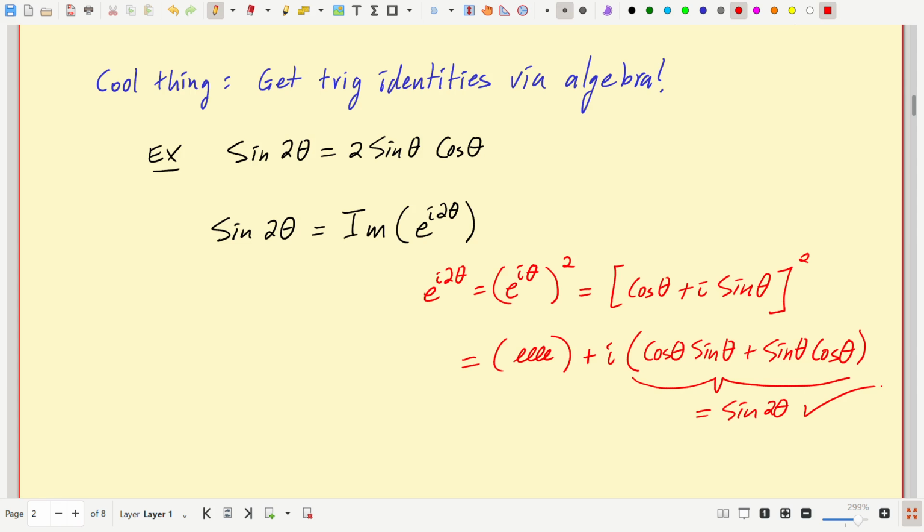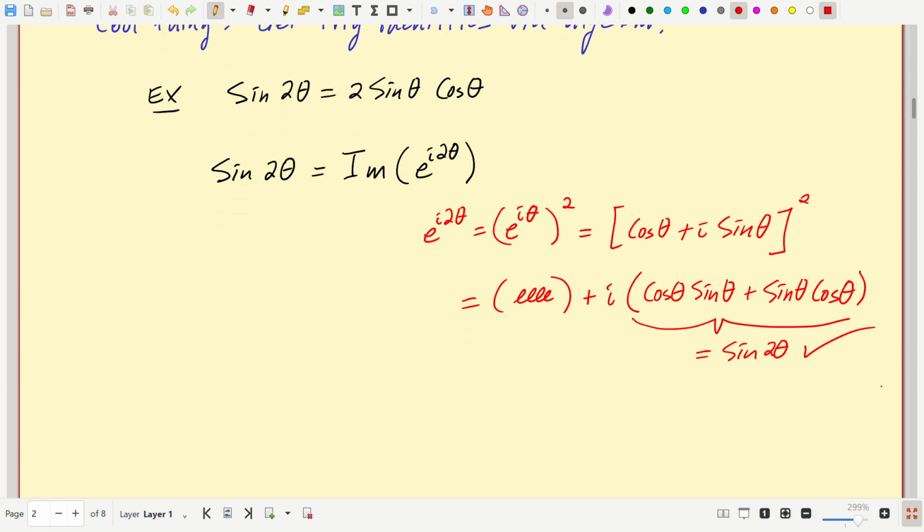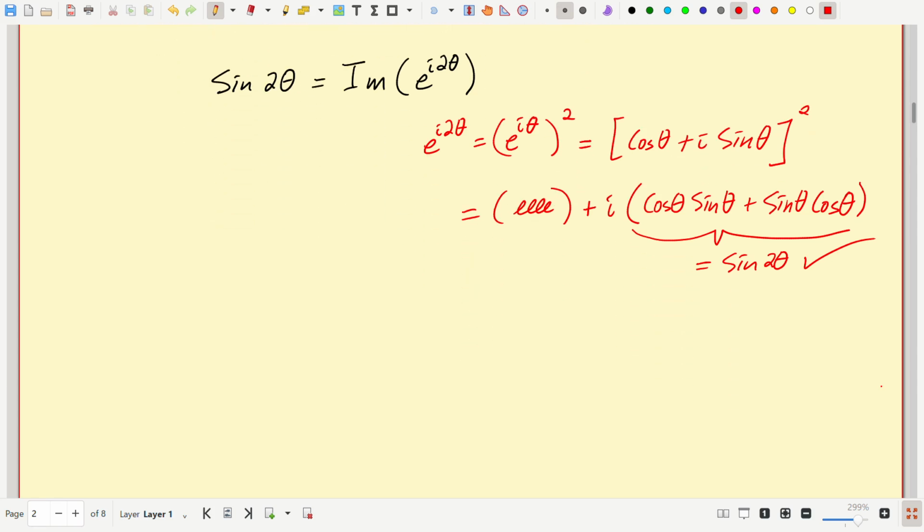Anyway, that's something to note. So let me summarize a little bit here. We've been doing arithmetic kind of things on C. It feels just like the real numbers. So C is a field, so the algebra is very much familiar, just like the real numbers.